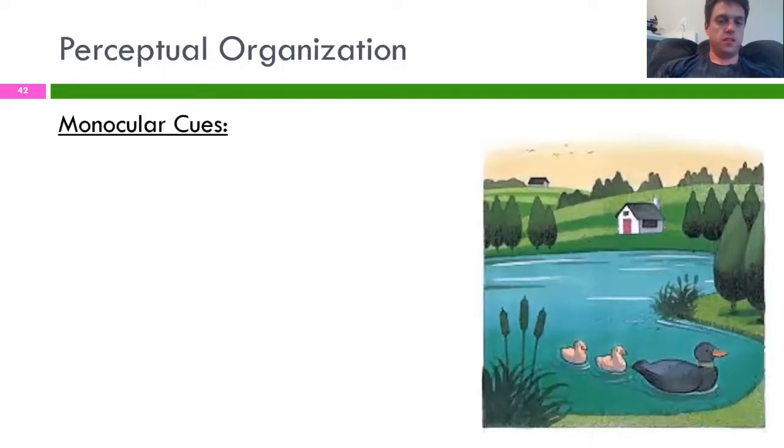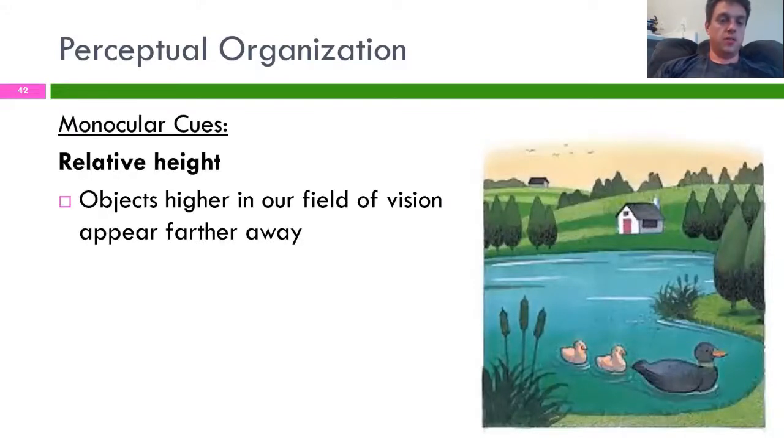So let's look at them. Well, the first one is going to be relative height. So again, we're dealing with stuff here that does not result from a contrast between what your two retinas or your two eyes are seeing. This is all stuff we could tell even with only one eye, or if you looked at, say, a flat picture. Well, a big one is relative height, okay?